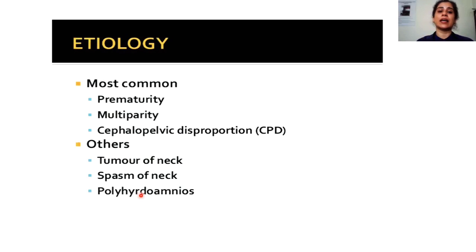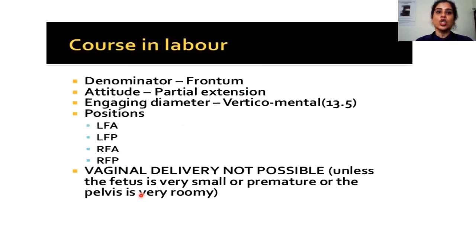Anything which is hindering the flexion of the head can lead to partial or full extension. If there is full extension of the neck, then the presenting part is the face. If there is partial extension, the presenting part becomes brow. So here the denominator is the frontum, the attitude is partial extension, and the engaging diameter is the vertico-mental diameter.